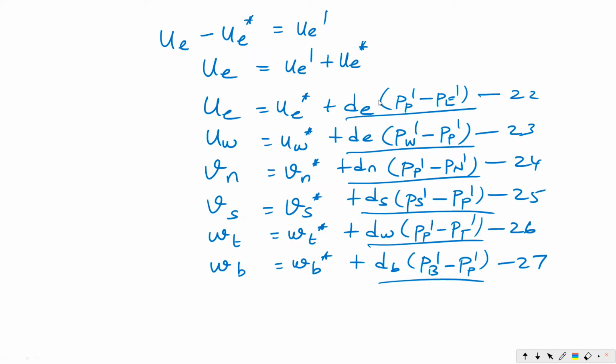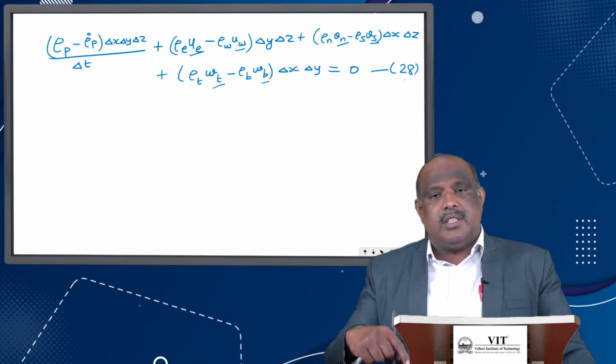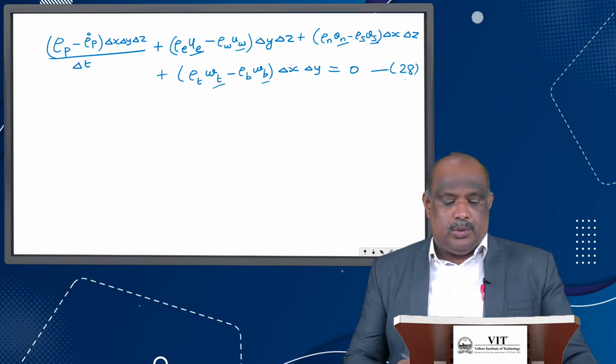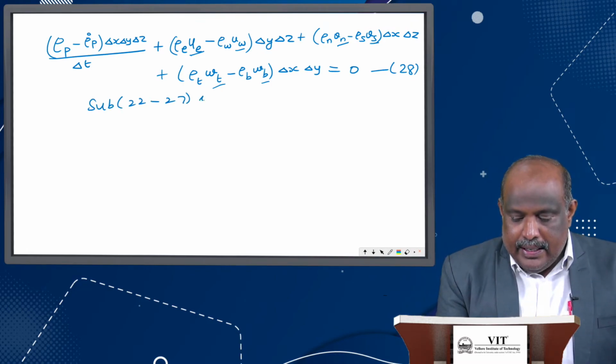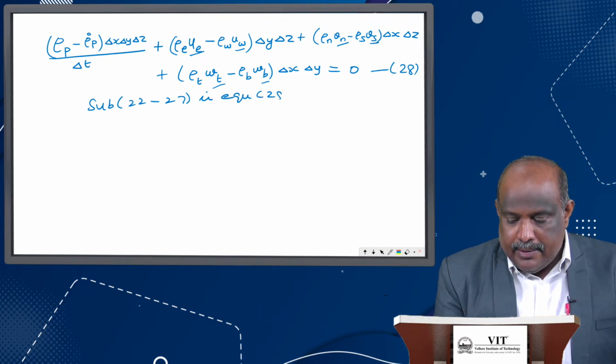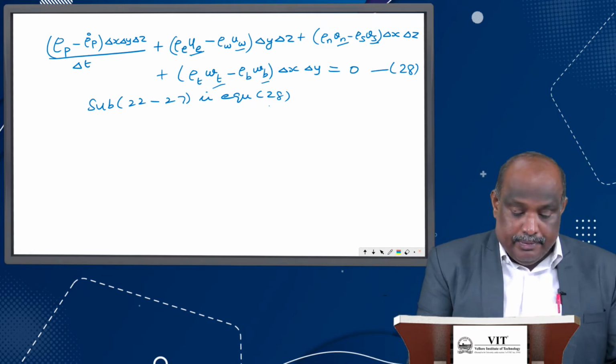Substitute these from equations 22 to 27 in the latest equation, which we can call equation 28. I will simply write here: substitute 22 to 27 in equation 28. Got it? Okay, let us continue.